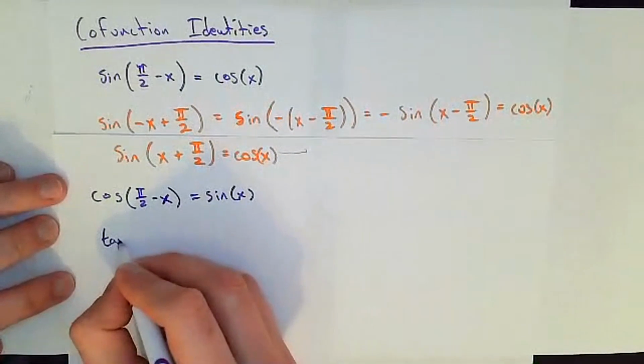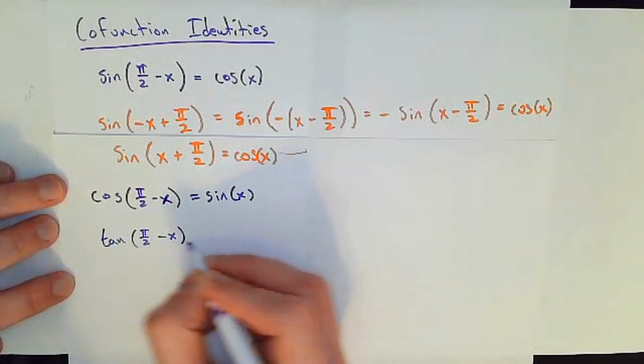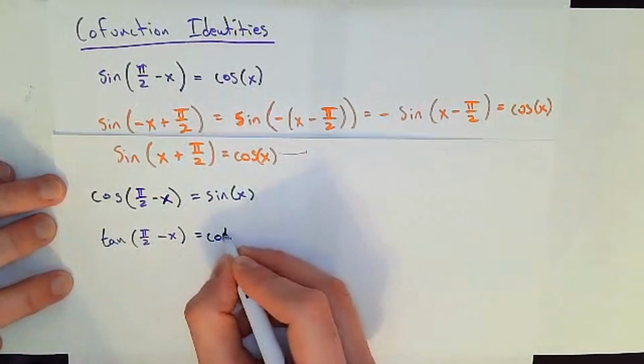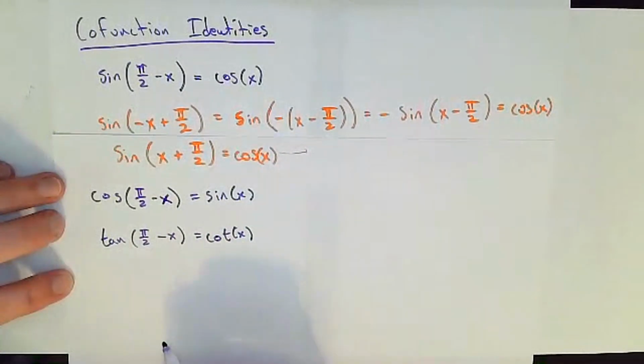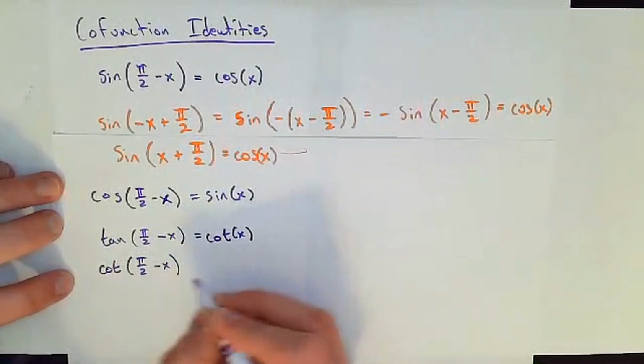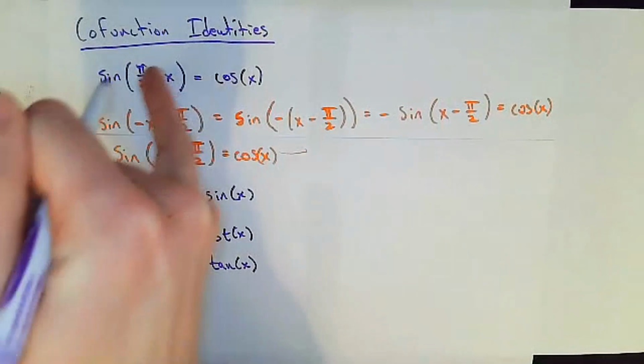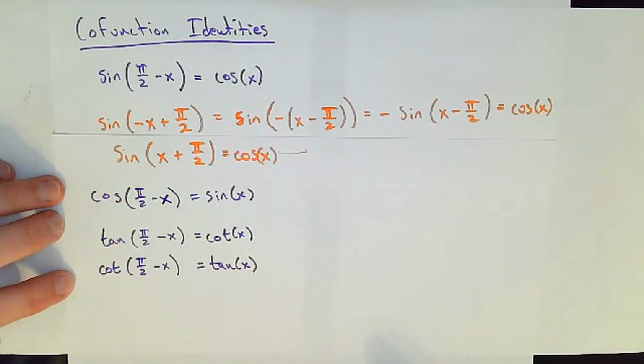And then we have tangent of pi on 2 minus x is equal to cotangent. And then cotangent of pi on 2 minus x is equal to tangent. See how this form, this pi on 2 minus x, can be used over and over again for all of these functions.